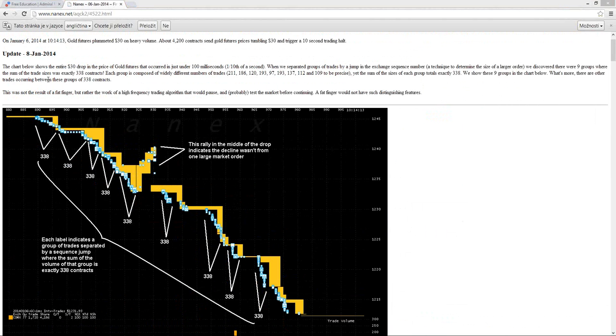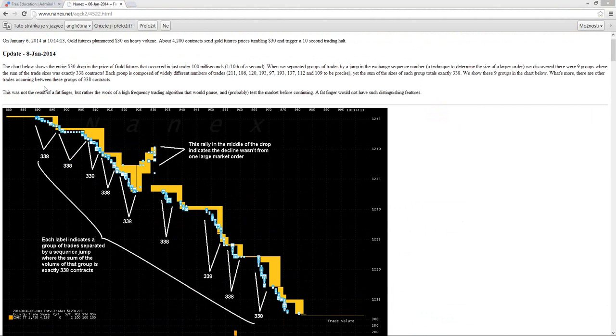So this link of Wei shows the entire $30 drop in the price of gold futures that occurred in just under 1/10 of a second. When you separate the groups of trades by a jump in the exchange sequence number, a technique to determine the size of a large order, we discovered there were 9 groups where the sum of trades was exactly 338 contracts. Each group is composed of widely different numbers of trades.